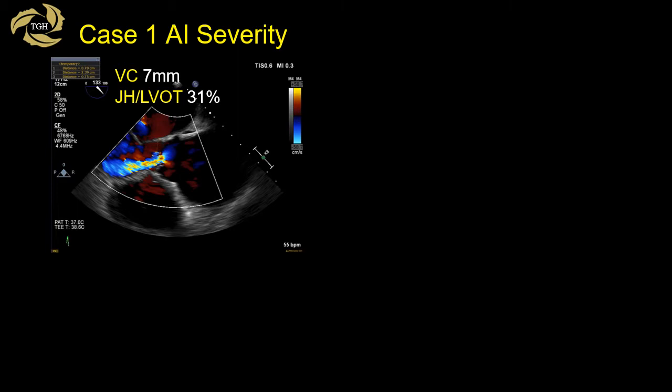Next, how significant is the AI? Is it mild, moderate, or severe? Most of us would eyeball this and guess this was maybe moderate AI.